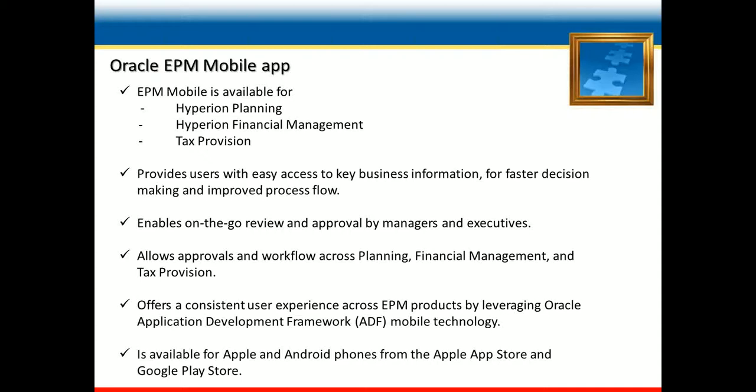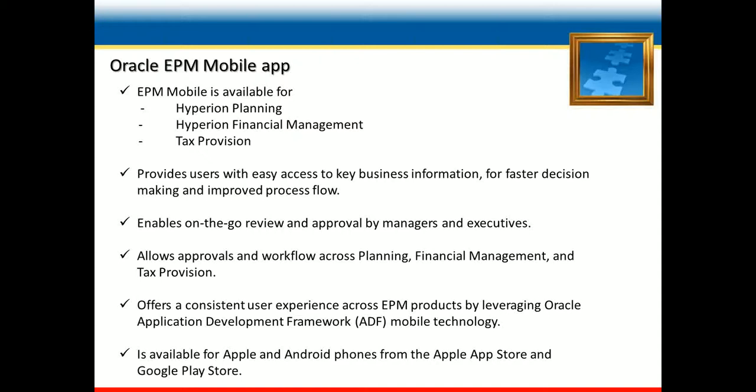So Oracle EPM mobile app. This is a mobile application that is available on Apple and Android platforms. Currently EPM mobile is available for Hyperion Planning, Hyperion Financial Management, and Tax Provision. This mobile app provides users with easy access to key business information for faster decision making and improved process flow. It enables on-the-go review and approvals by managers and executives.